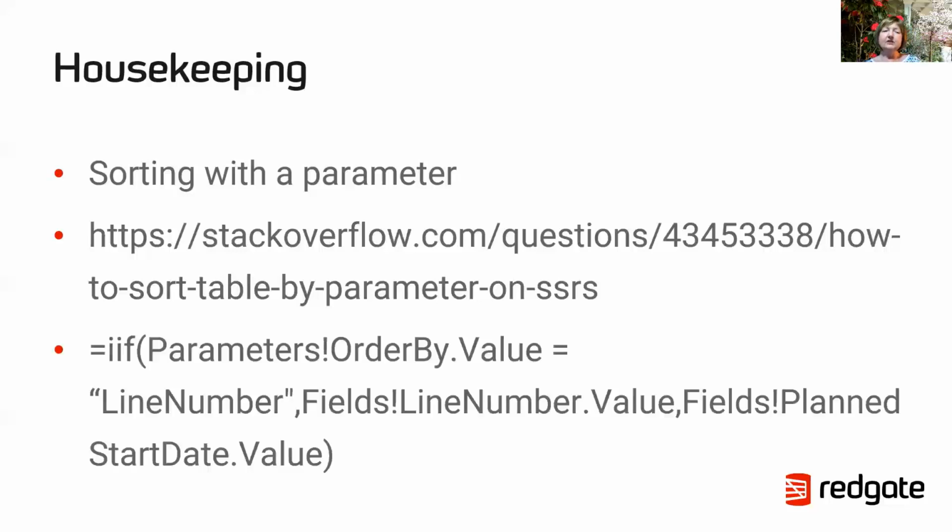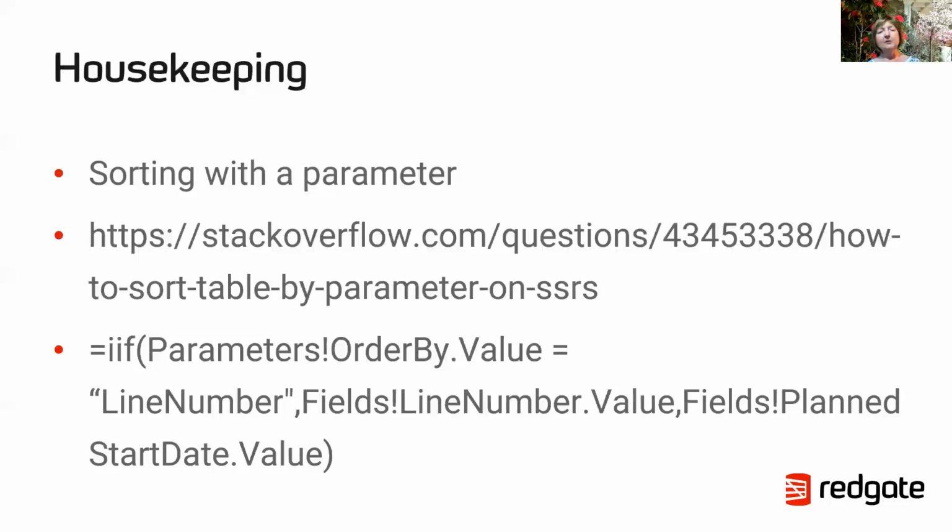However, this is an expression you can use. You have to put it in the sort property of the group or the table. And for example, let's say in our data set we have a field line number, and we also have a field planned start date.